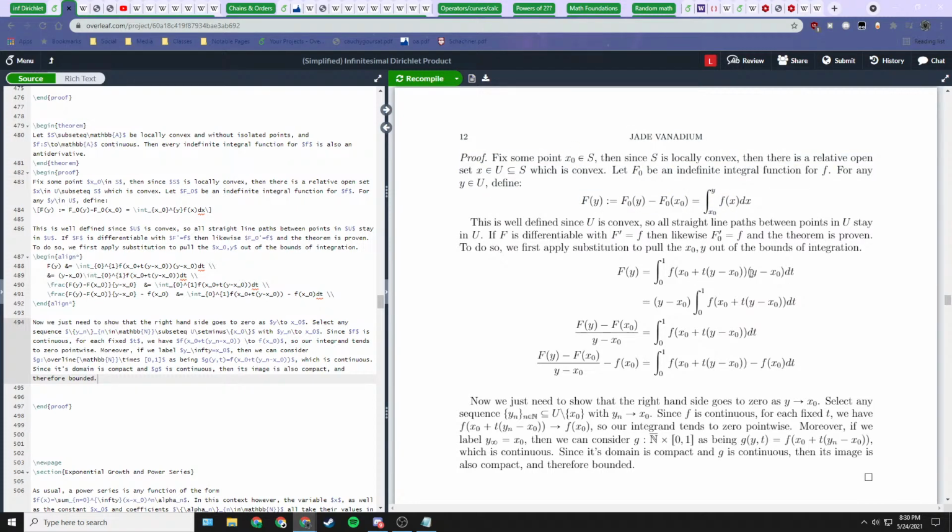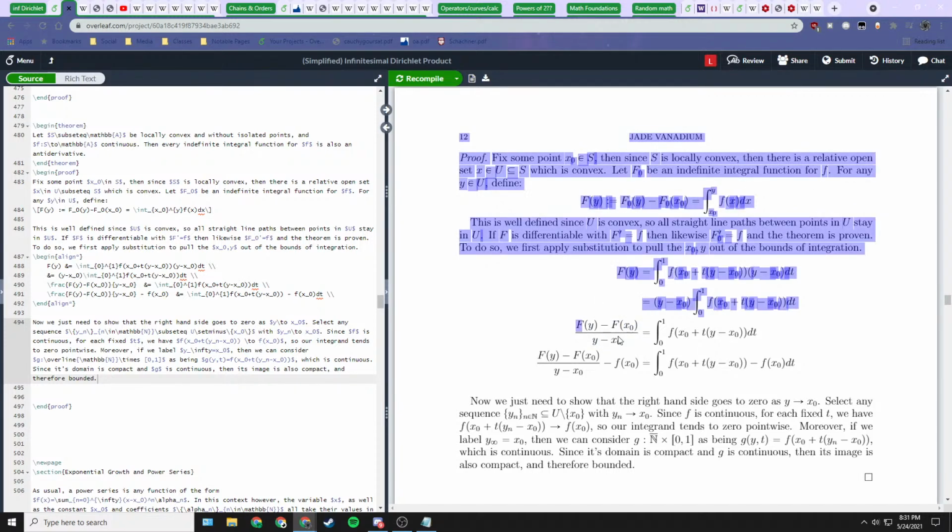We do the substitution rule on this linear path for each y. We factor out this y minus x0, because f of x0 would be the integral from x0 to x0, which would just be 0. So this f of y is actually f of y minus f of x0. We can now divide by this, so this gives us our difference quotient.